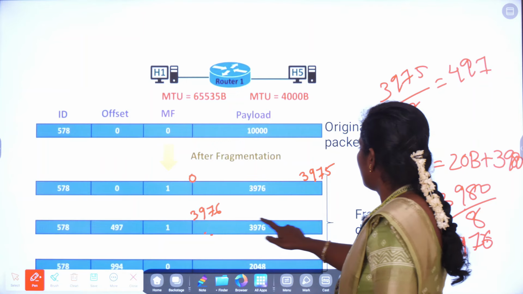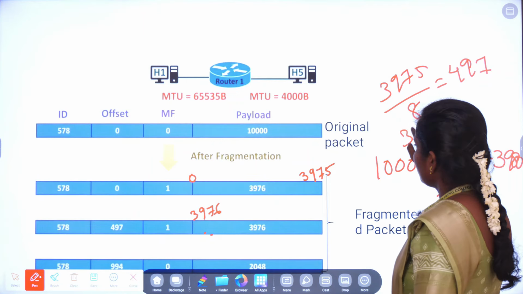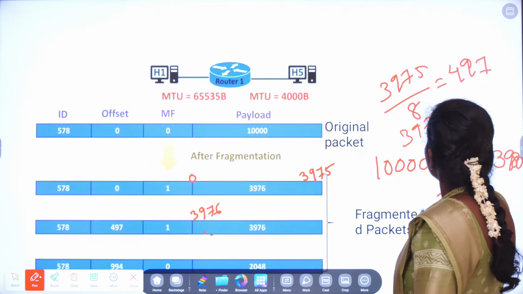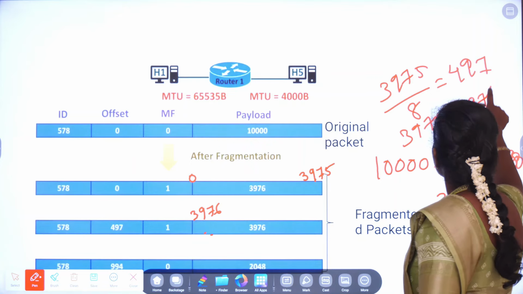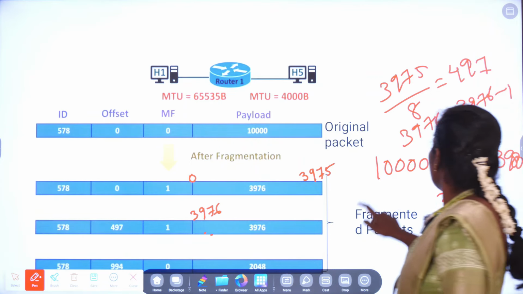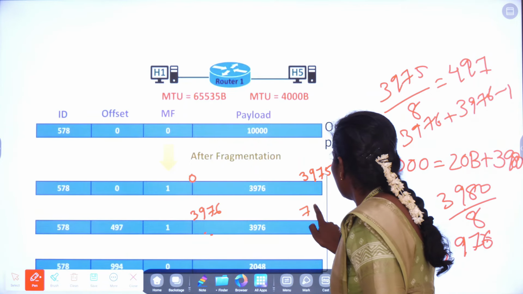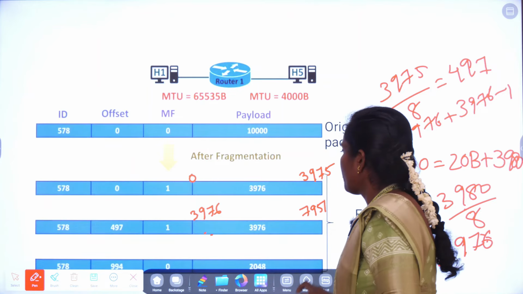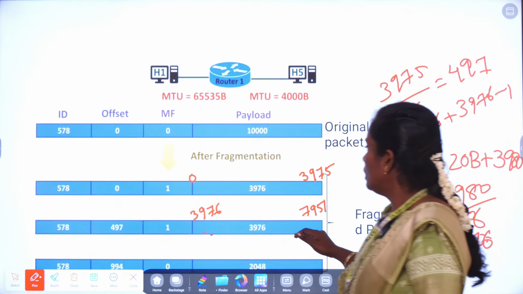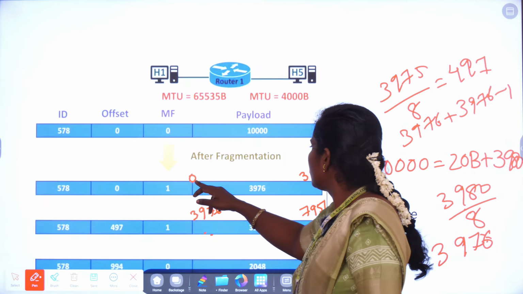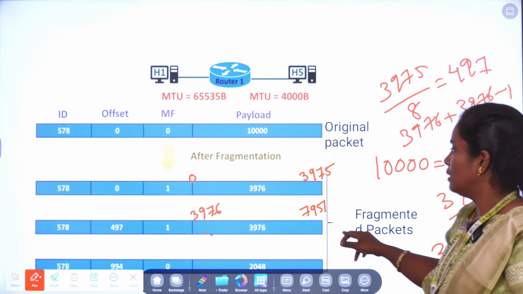Then it runs from 3976 up to 3976 plus 3976 minus 1, which is 7951. Till this fragment, I have transferred from 0 to 7951.